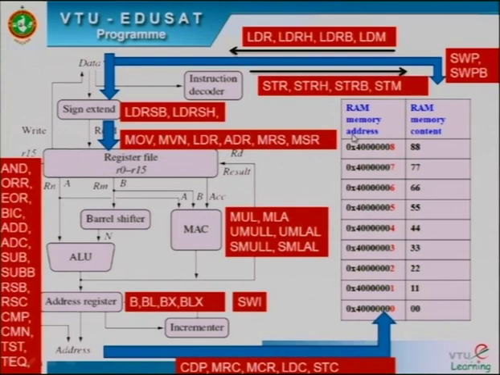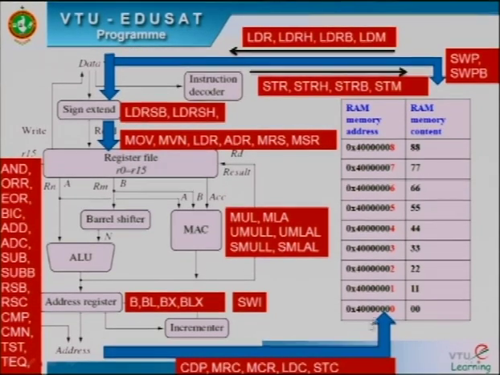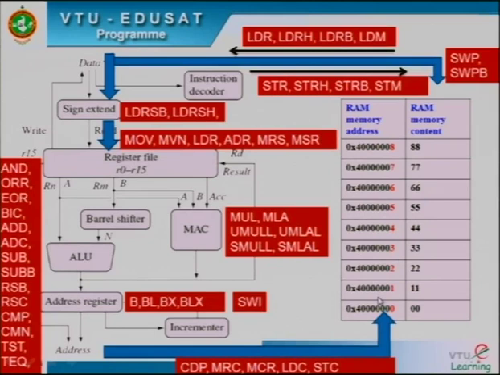First thing, this is the ARM RAM memory and this is the ARM processor core, right? From the ARM processor core, we generate an address, that is a RAM location. From that RAM location, the value is copied to the register file. This operation is called a load operation.